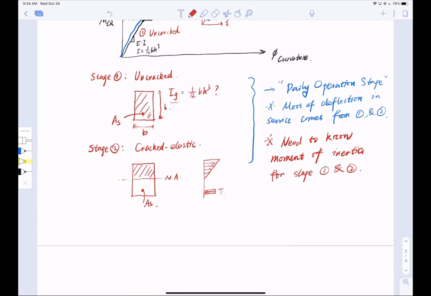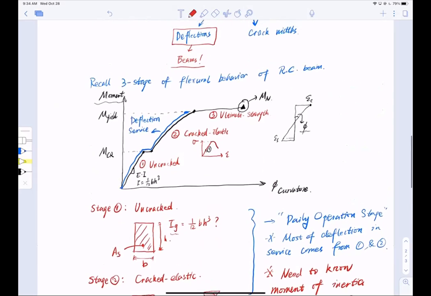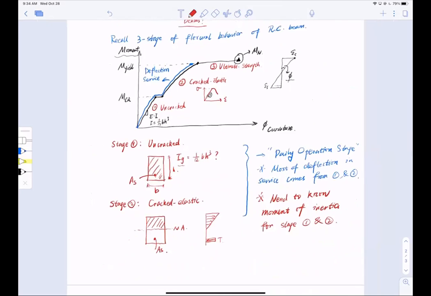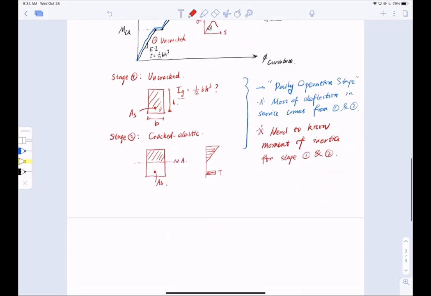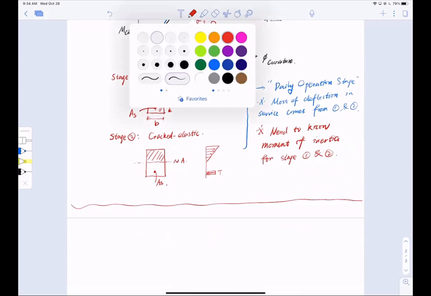All right, so now you can see after this whole preparation, a long story, we're trying to tell you that we need to calculate the moment of inertia. Okay, so this is where we're going to start about the serviceability.